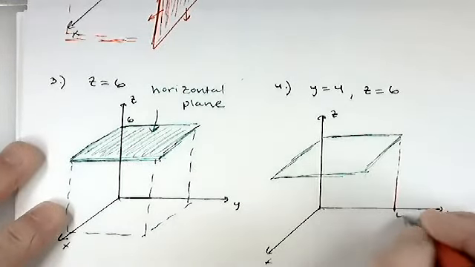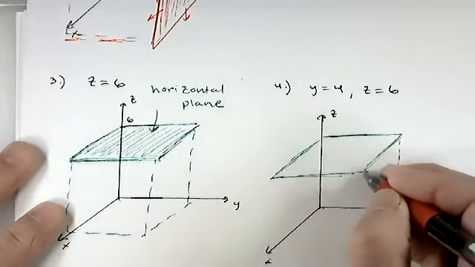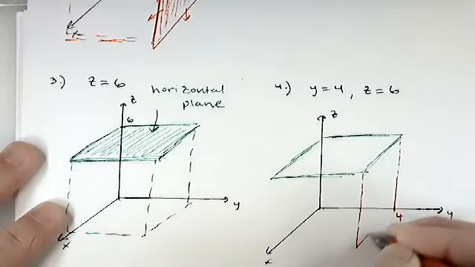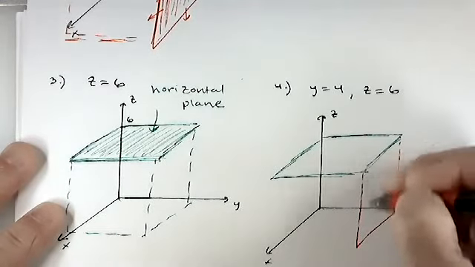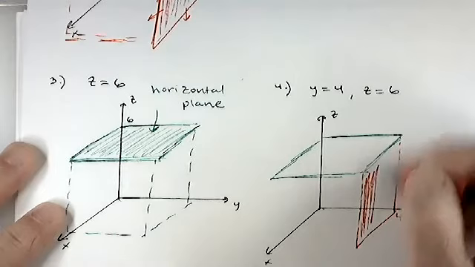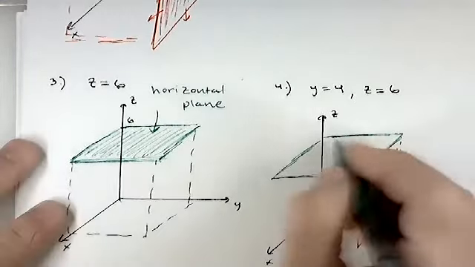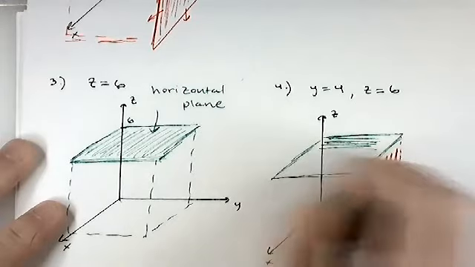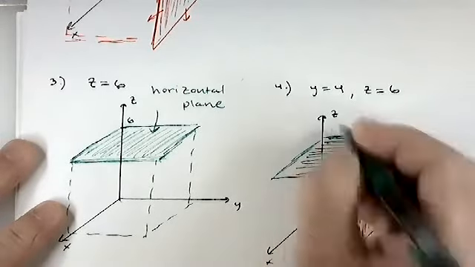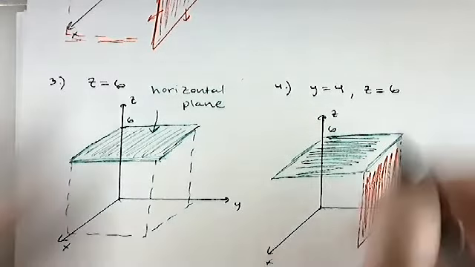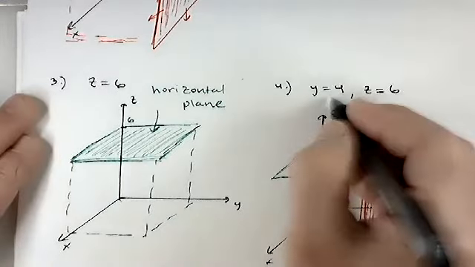So here, let's say this is y equals 4. Because we know from what we just graphed before, y equals 4 is a vertical plane like this, which at some point is going to intersect the horizontal plane z equals 6. And what we would be thinking about is, what are all the points that satisfy both of these?